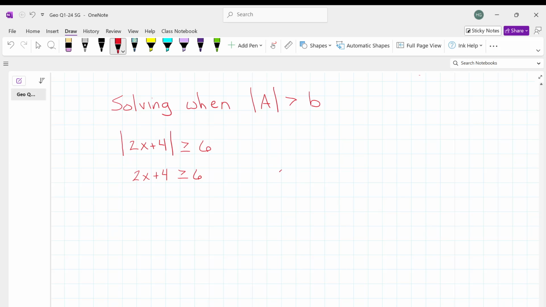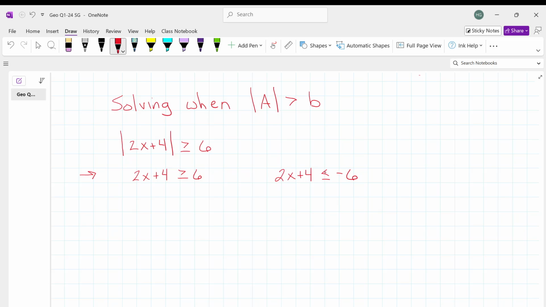We're going to write it as 2x plus 4 less than or equal to -6. So we're rewriting it once just the way it is, dropping the absolute value symbol. When we rewrite the second equation, we're going to change the direction of the inequality and negate the quantity to the right of it.